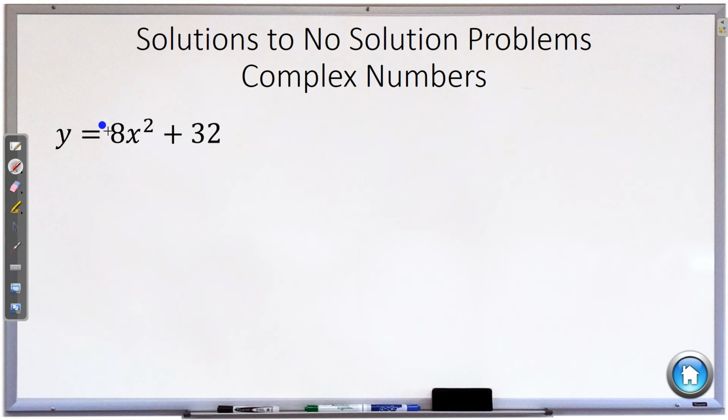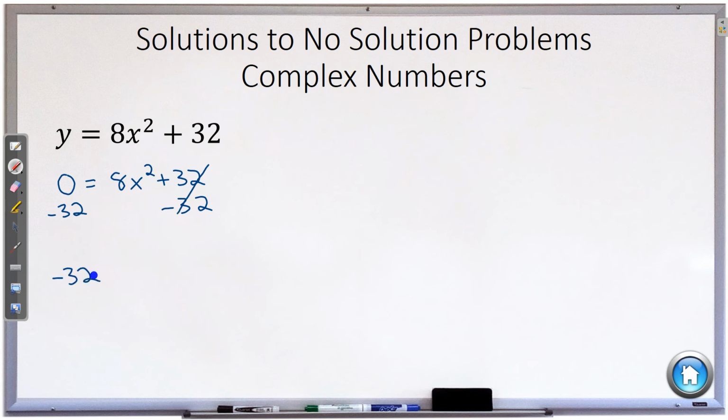So we want to find the solution to this quadratic equation, which means we put in 0 for y, and then we solve for x. So let's see here. First we're going to subtract 32, subtract 32, that goes away.